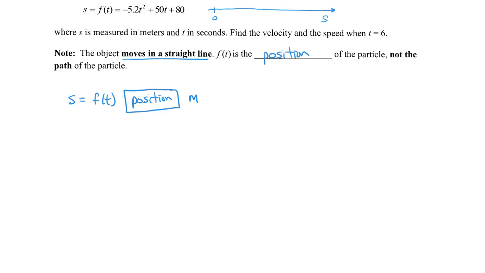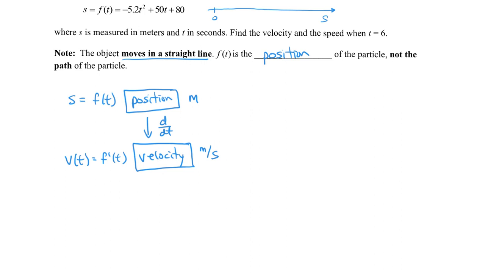And then what we do is we take a derivative with respect to time. And that gives us velocity. And velocity is the derivative of the position function. So we take the rate of change of position with respect to time, we get velocity, and then oftentimes that's measured in meters per second.